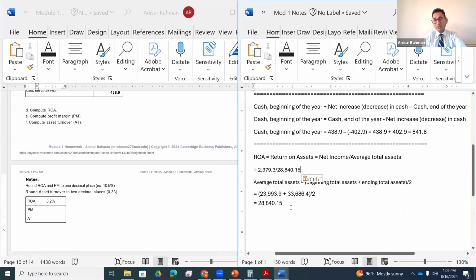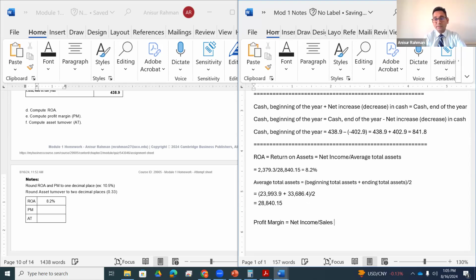Now, the next one is profit margin. So profit margin is straightforward. The profit margin is equal to your net income divided by sales. Your net income is this.